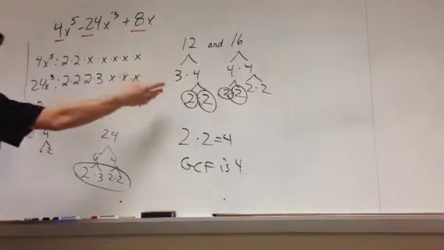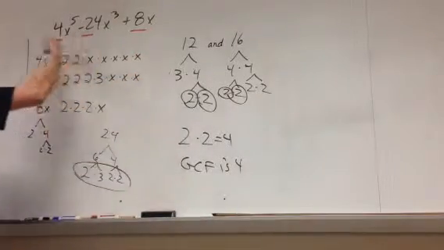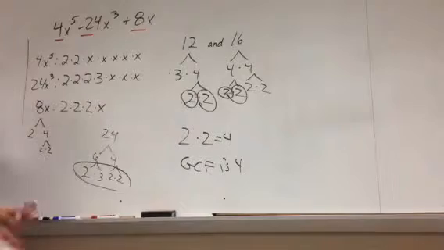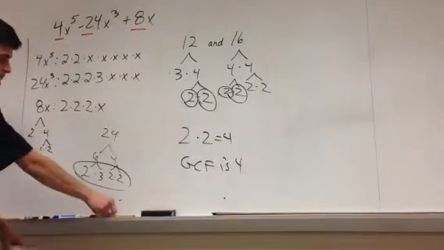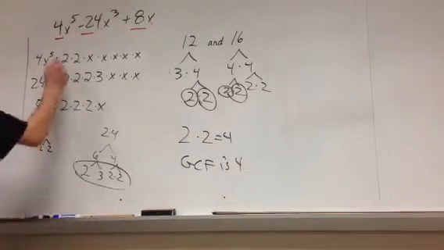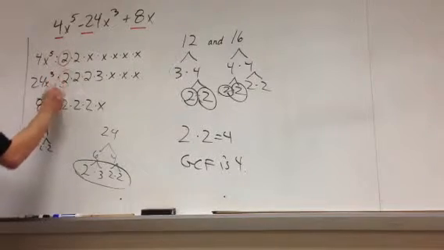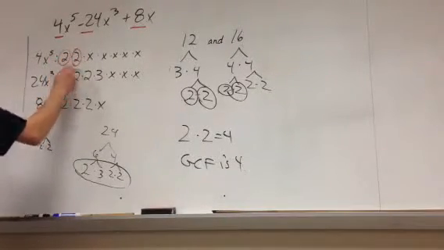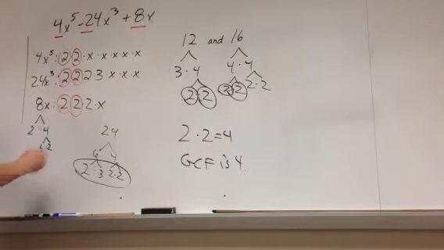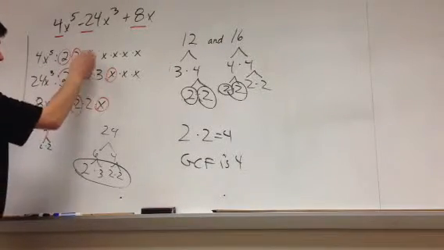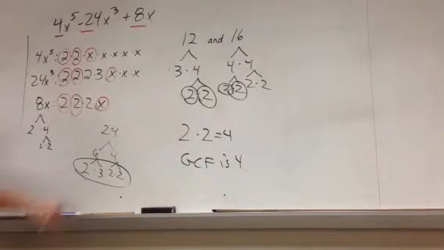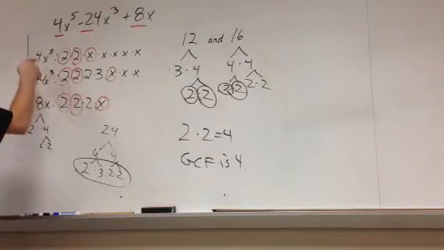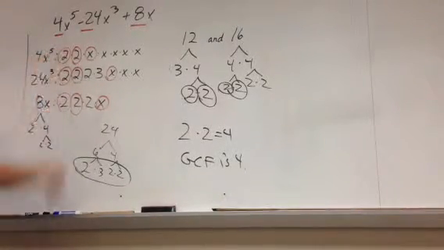So at first we were just finding the greatest common factor of numbers. Now we have terms with variables in it. So it's the same thing, nothing changes. You just circle the like terms. So they have a 2 in common. All 3 have a 2 in common. All 3 have another 2 in common. And then all 3 have one x in common. These two have a 2 in common, but the third term doesn't.